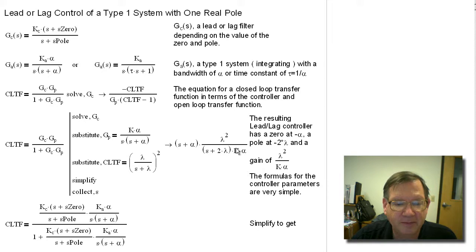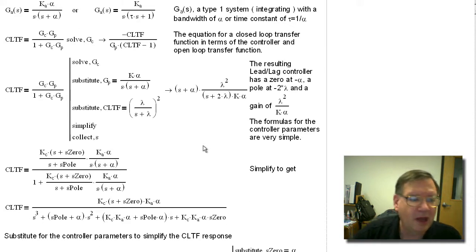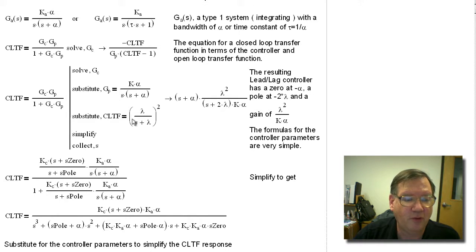And then the gain is lambda squared over the gain times the corner frequency or bandwidth.